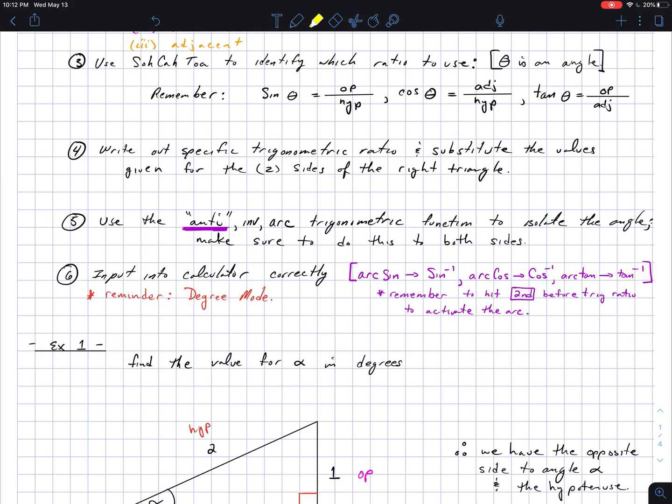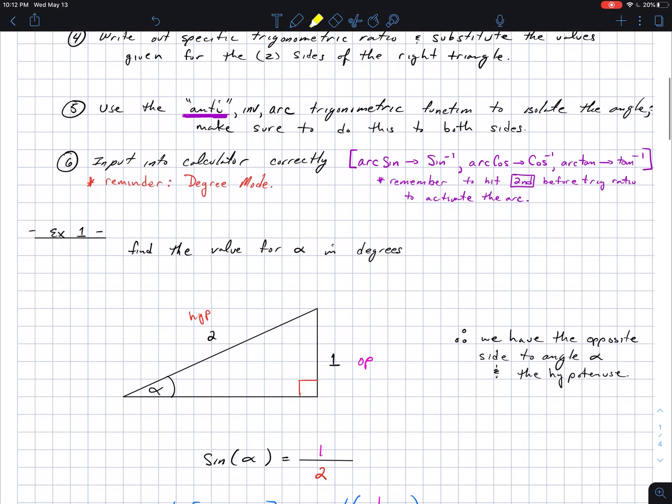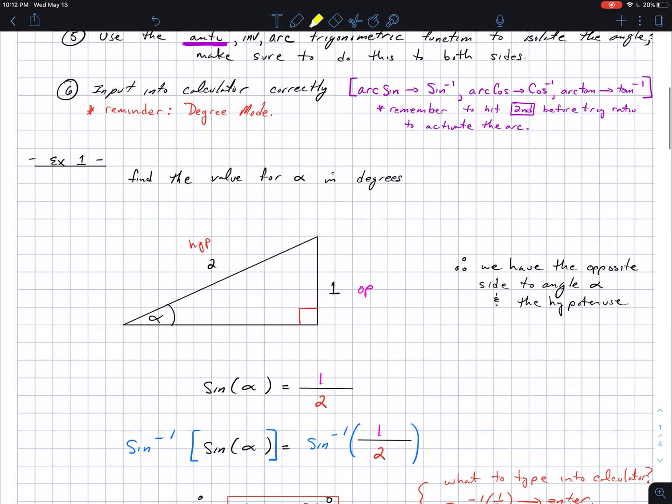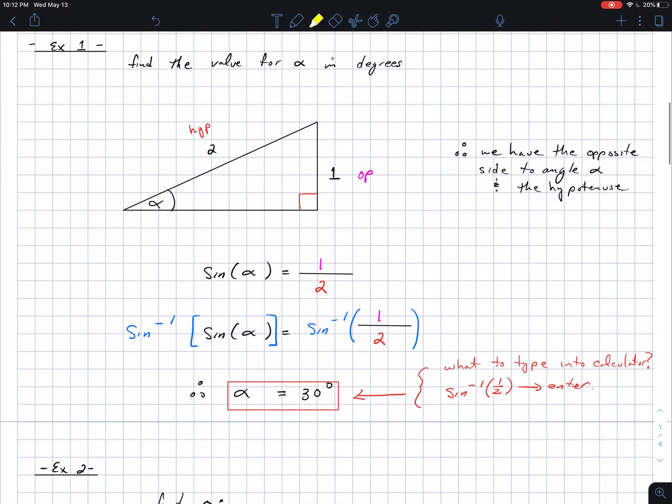So make sure that your calculator is input correctly and make sure it's in degree mode. So the first example we have here is to find the value for alpha in degrees. Right now we're always going to be talking in degrees, but I figured I'd specify it. So I drew out a right triangle, and we've noticed that we have the opposite and the hypotenuse.